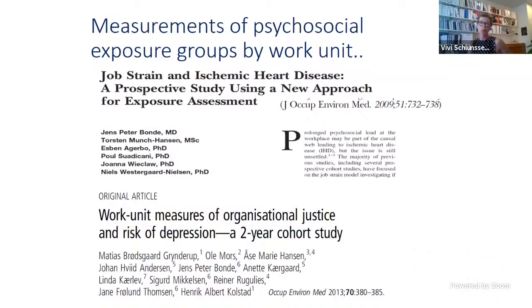Here I show you two papers, one on job strain and ischemic heart disease, and one on organizational justice and risk of depression. In both these studies, they were able to show significant findings for psychosocial exposures and the outcome of interest.